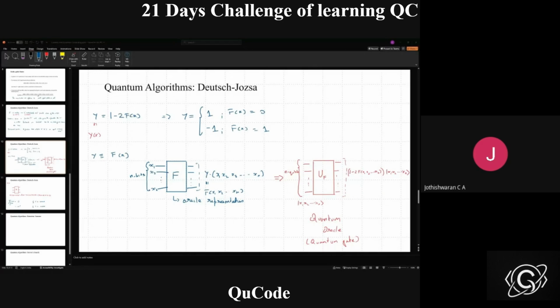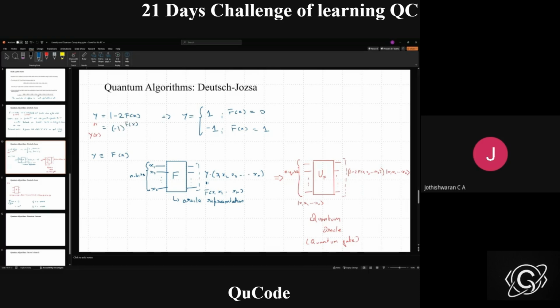Another question I got from Mihir Rath is that 1 minus 2 f of x is essentially a linear function. Why is it only this? It can be any linear function or linear combination. Yes, you're right. In fact, it need not even be just linear. There are many invertible maps that I have. As long as this mapping is invertible, I can use it. For people who are familiar with mathematics, I can write this as minus 1 to the power f of x also.